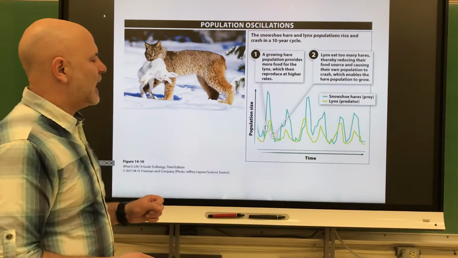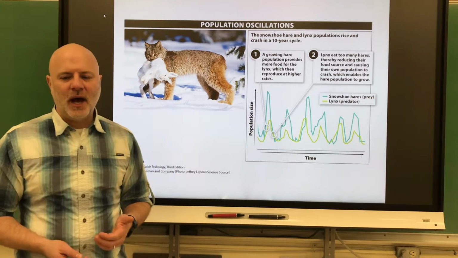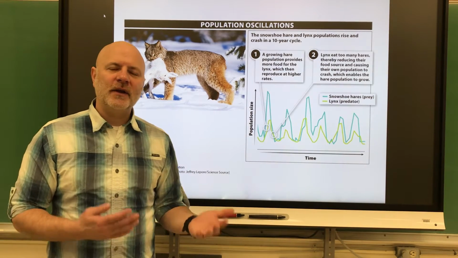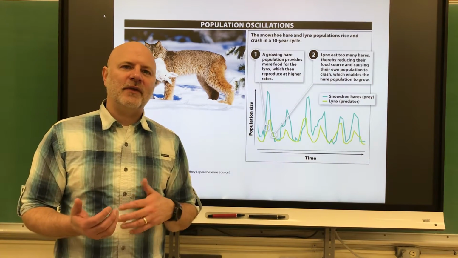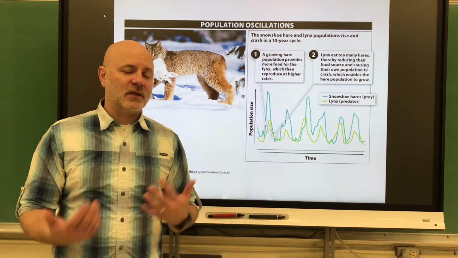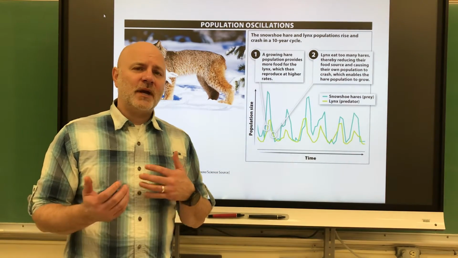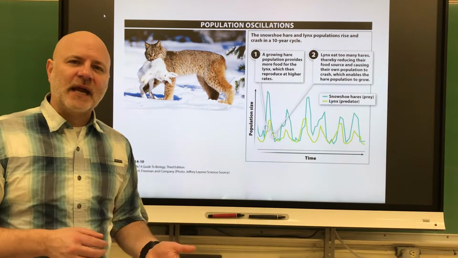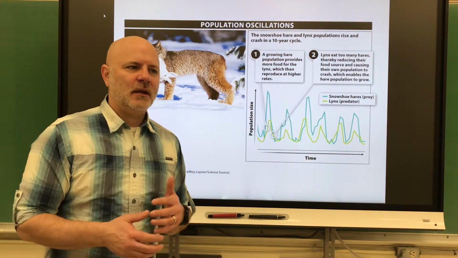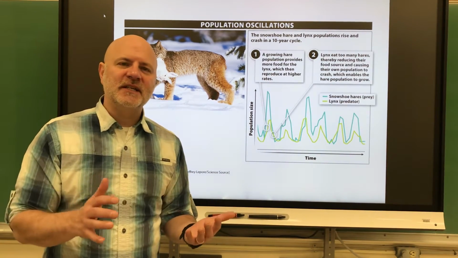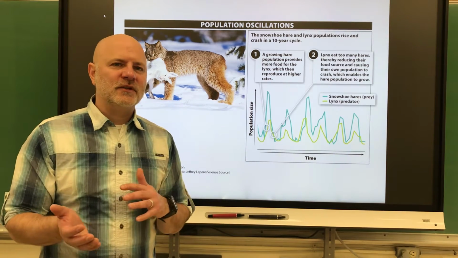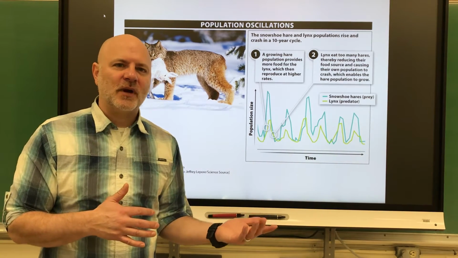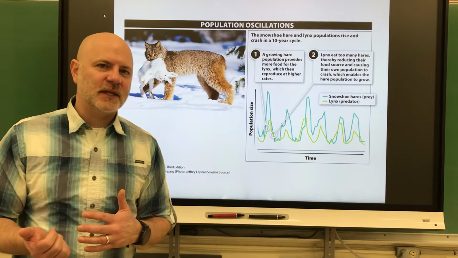Now, let's look at another situation that occurs in the wild, and this is typically what we see with a single predator and a single prey species, all right? Because we typically don't see cycling when a predator has many prey species, because the predator will just switch to a different prey species that's more common if one of the prey species gets low.